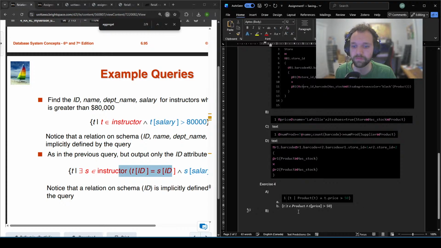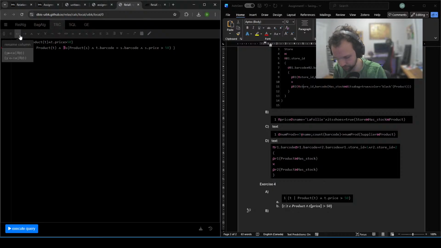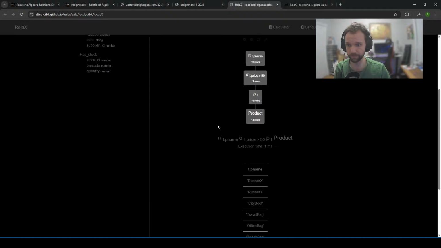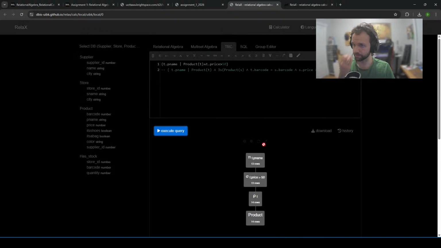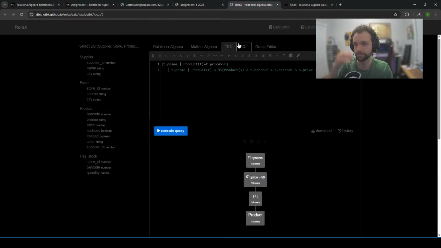Beaut. Oh, I'll just comment that out. This, we just want the name. Find the barcodes of all products that have price above that. Okay. I keep putting 50 when it's 40 bucks.